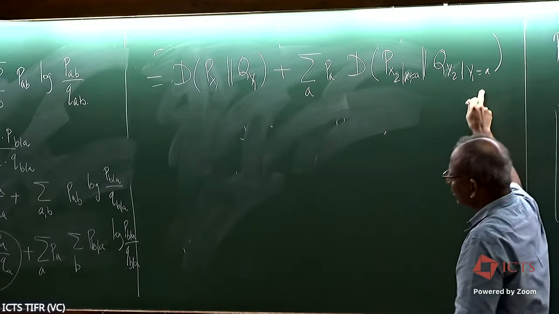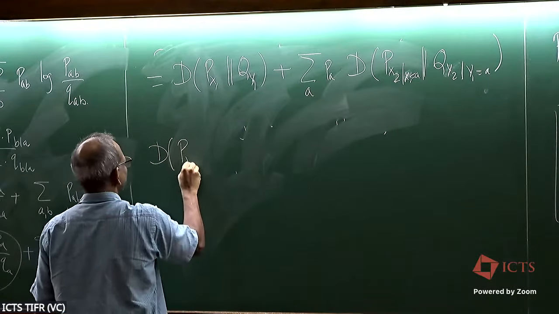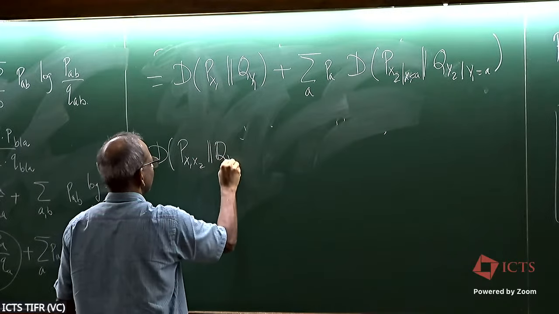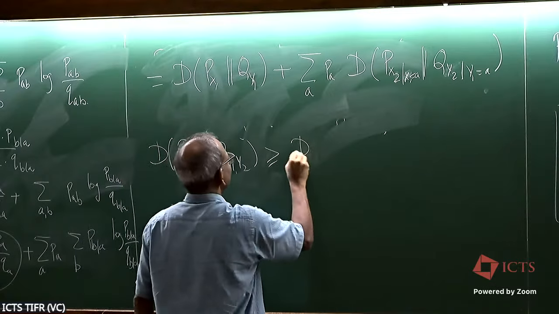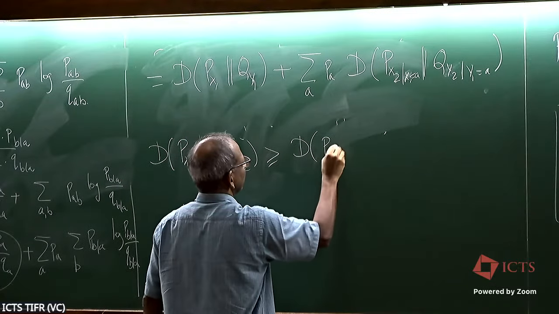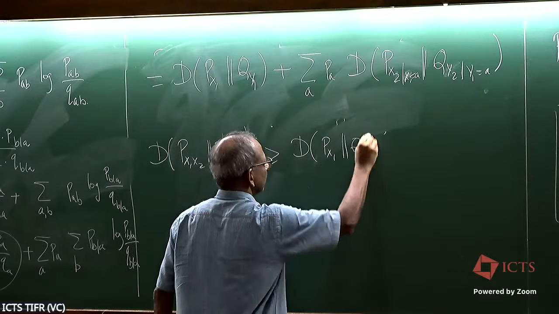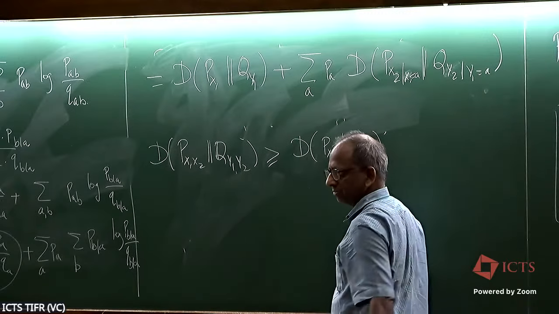So from this we get that the relative entropy of the combined system is always greater than or equal to the relative entropy of any of its parts, because this quantity is always greater than or equal to 0.